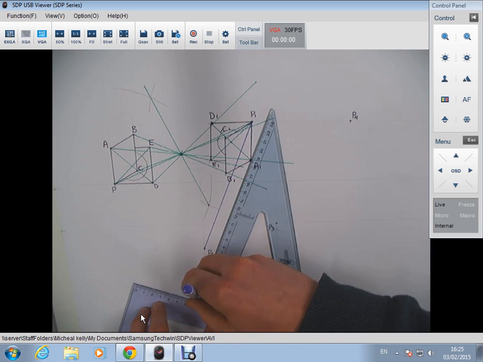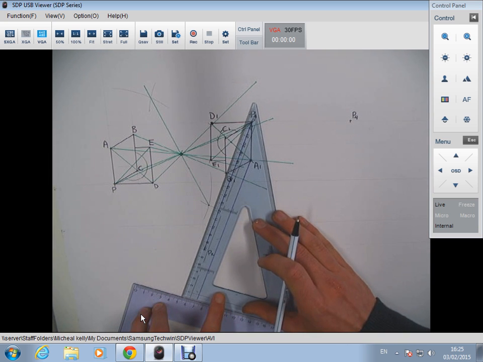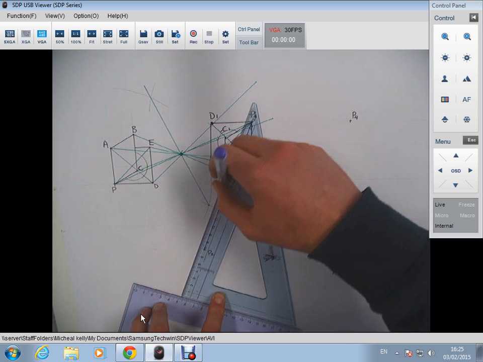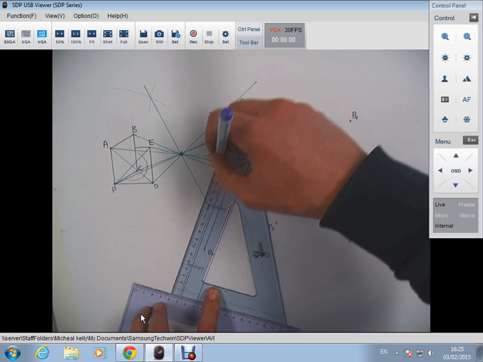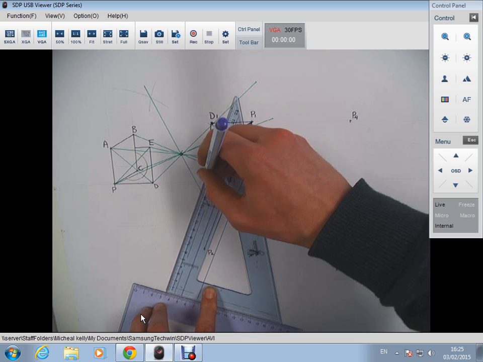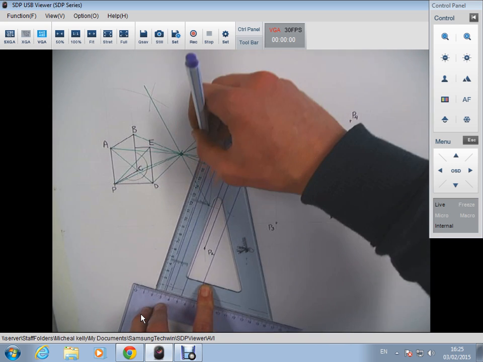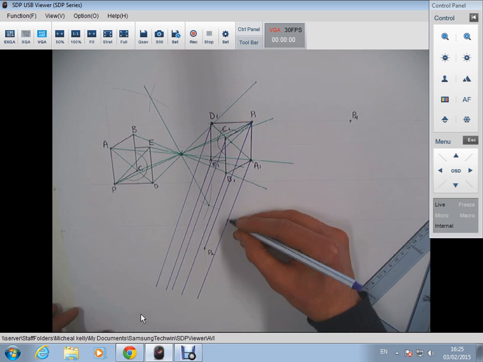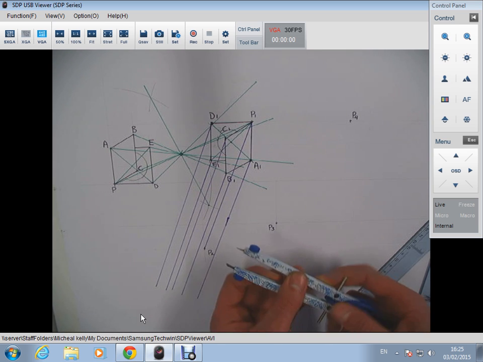So extend the point parallel to that from point A, from point B, point C, point D, and point E. So each of the points are going that direction, and they're going the same distance as the distance from P1 to P2.